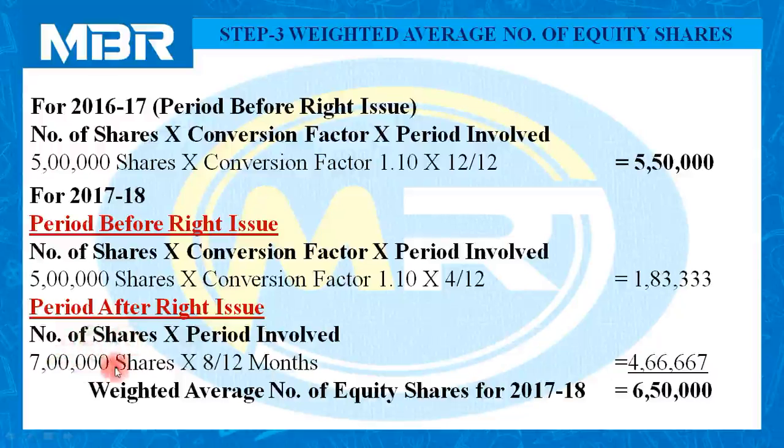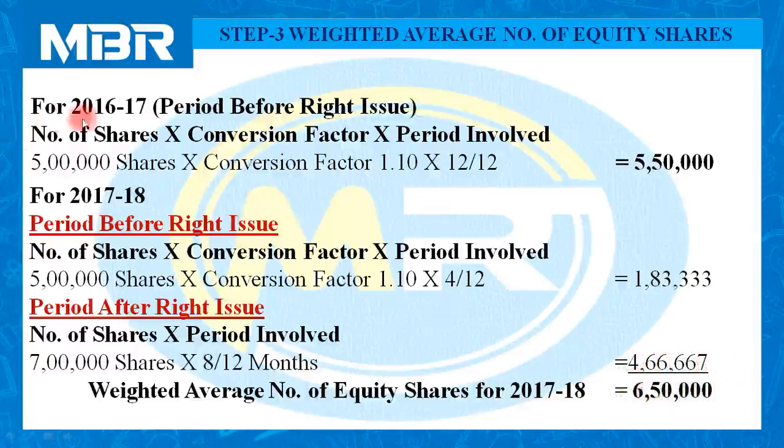Numbers of shares are now 7 lakhs, 5 lakhs original equity shares plus 2 lakhs right shares. So after the date of right issue, numbers of equity shares are 7 lakhs and the period involved in the calculation is 8 months. So 8 divided by 12. So 7 lakhs multiplied by 8 divided by 12 is equal to 4,66,667.